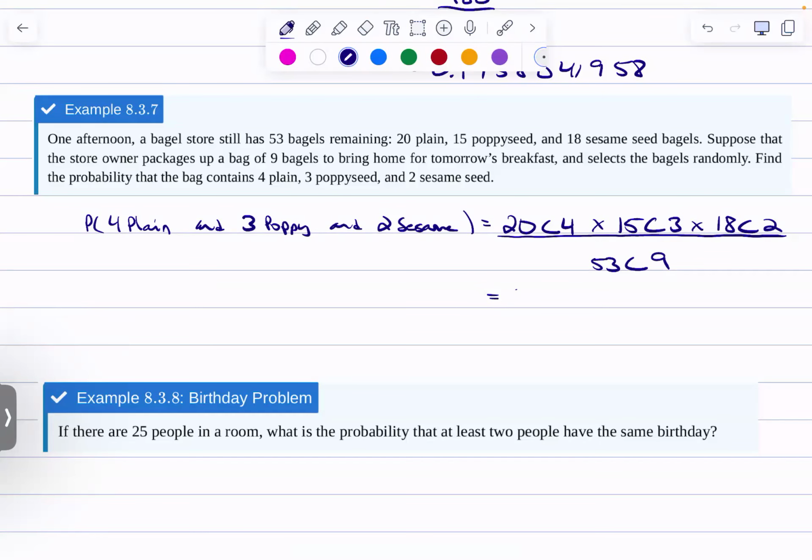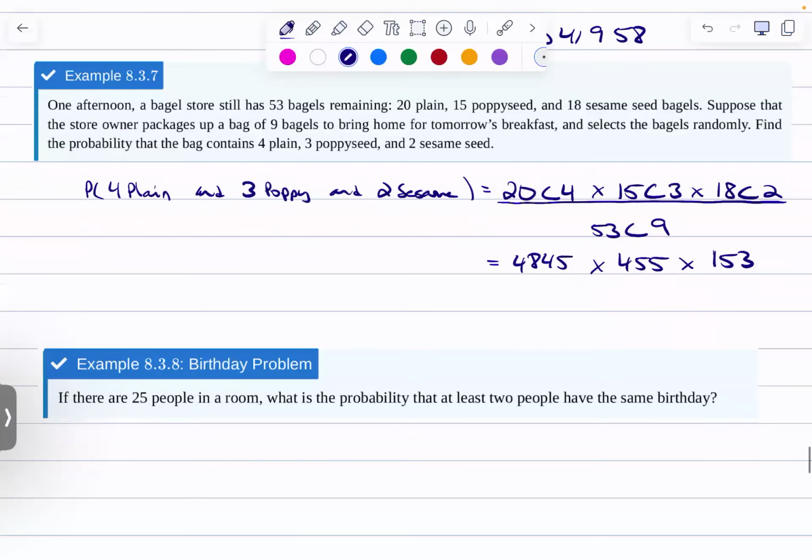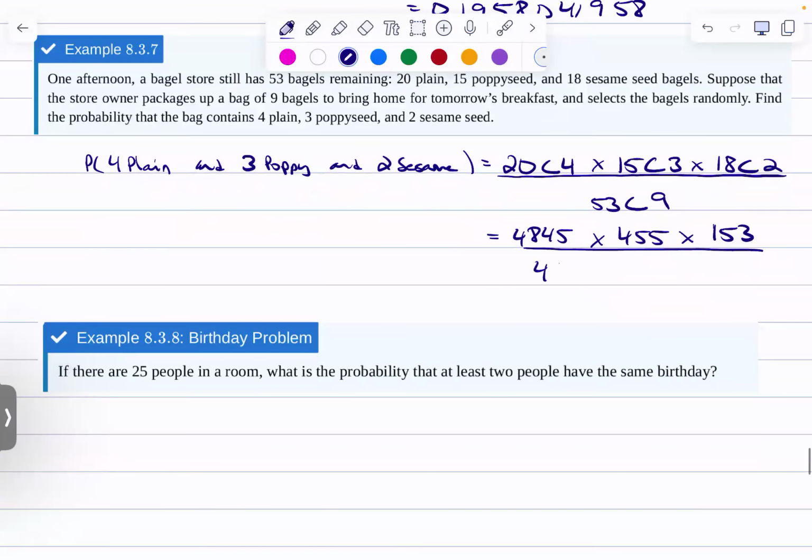20 choose 4 is huge. 4845. 15 choose 3 is 455. And 18 choose 2 is 153. 53 choose 9 is huge: 4,431,613,550.